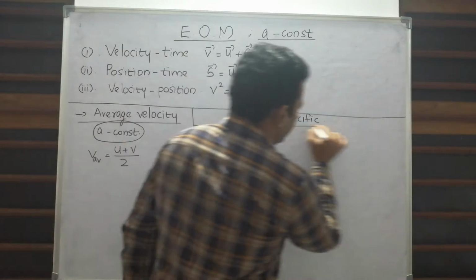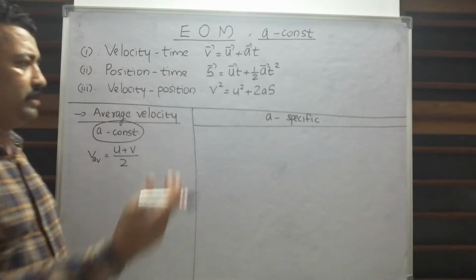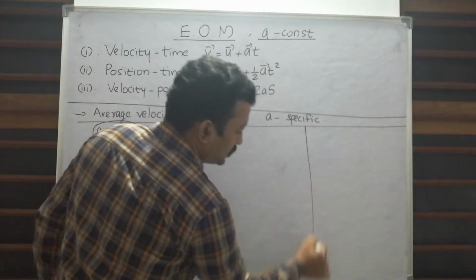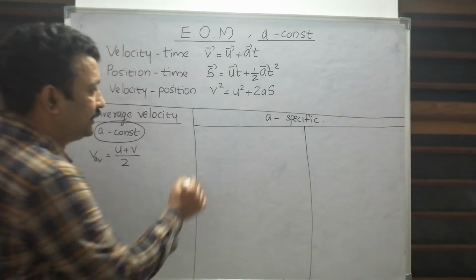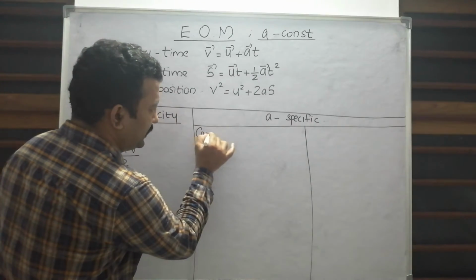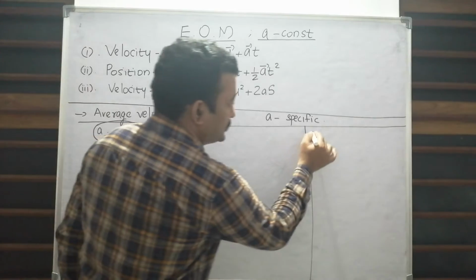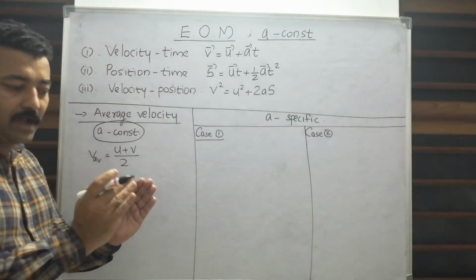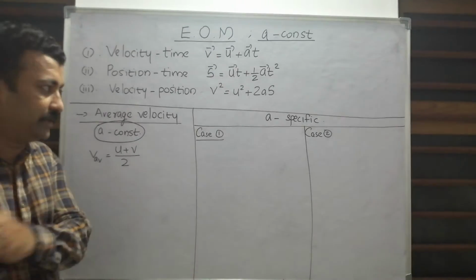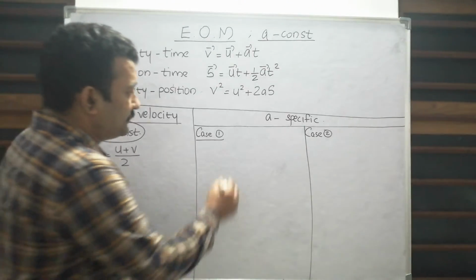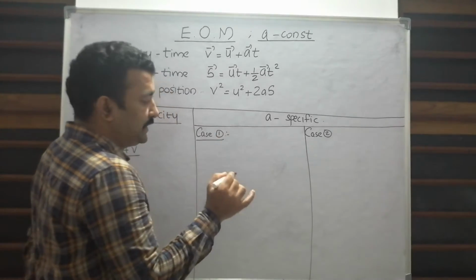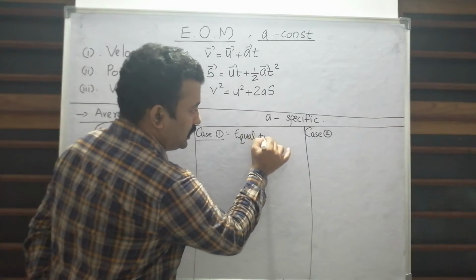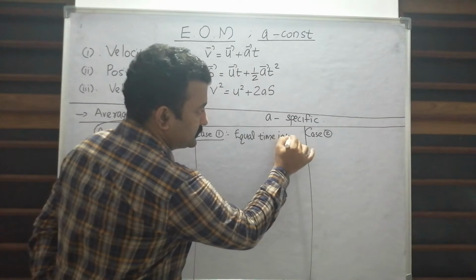There can be occasions in which questions can be asked in that manner, and there are two possibilities for that: case 1 and case 2. The first case is equal time intervals.